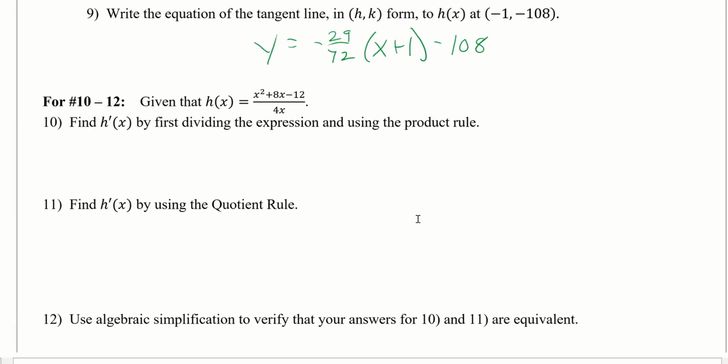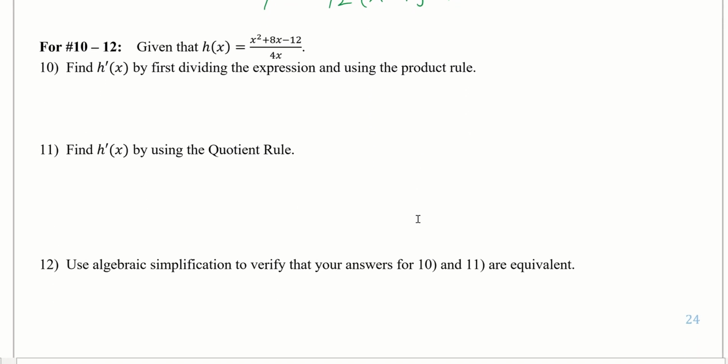Okay, so for 10 through 12, we're going to use the same equation. It says find h prime, so find the derivative by first dividing the expression and using the product rule.